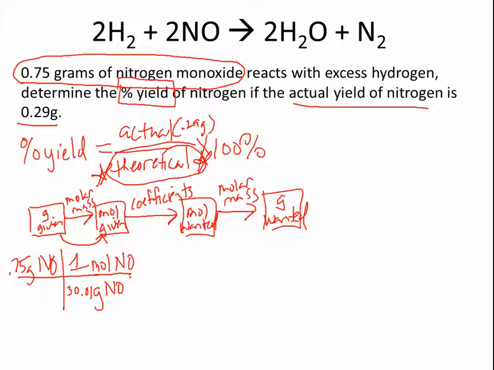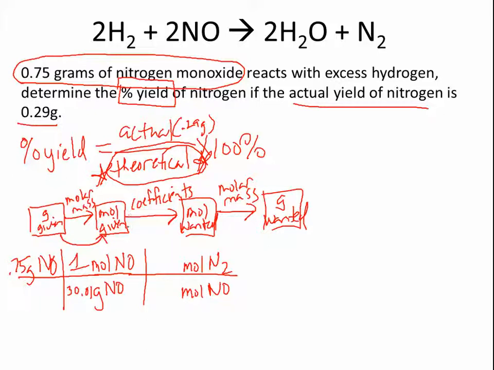Next, we want to go from our moles given, which is nitrogen monoxide, to what we want. And we want grams of nitrogen, but we got to go through moles of nitrogen first. So moles of nitrogen monoxide is here, so we put moles of nitrogen monoxide down here. And then we want moles of nitrogen, so that goes up top.